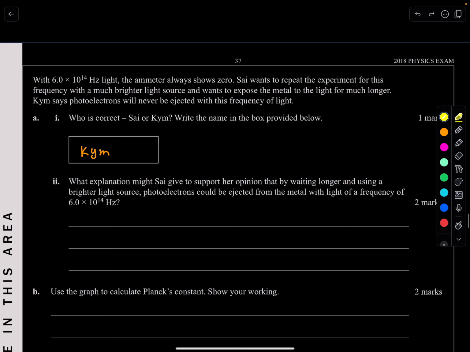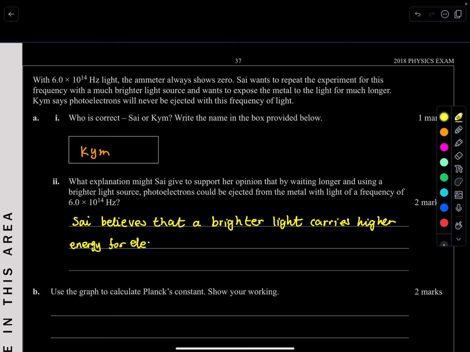So let's write that down. Sai basically believes that a brighter light carries higher energy for electrons to absorb.